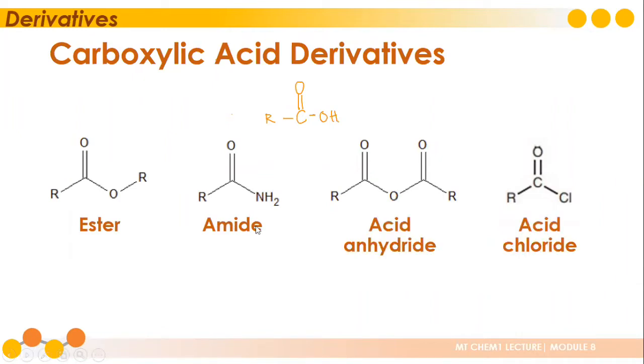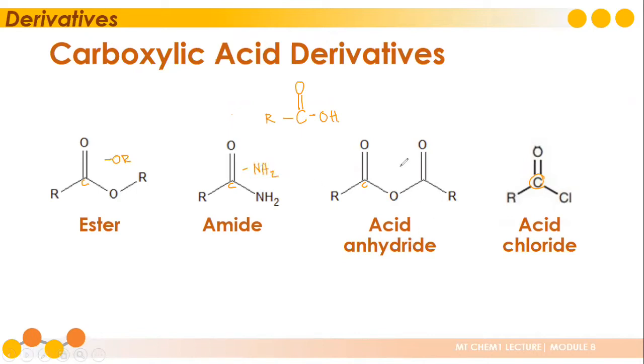Now for the first one, this is ester, amides, acid anhydrides, and acid chlorides. Mentioned a while ago that the group attached to the carbonyl atom is what distinguishes them from the others. So we have here our carbonyl atom. In our ester, the group attached to it is an OR group. For amides, the group attached to it is an NH2 group.